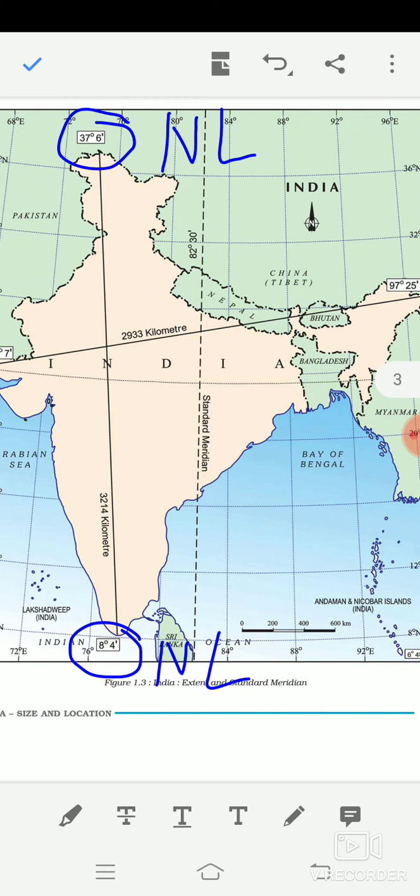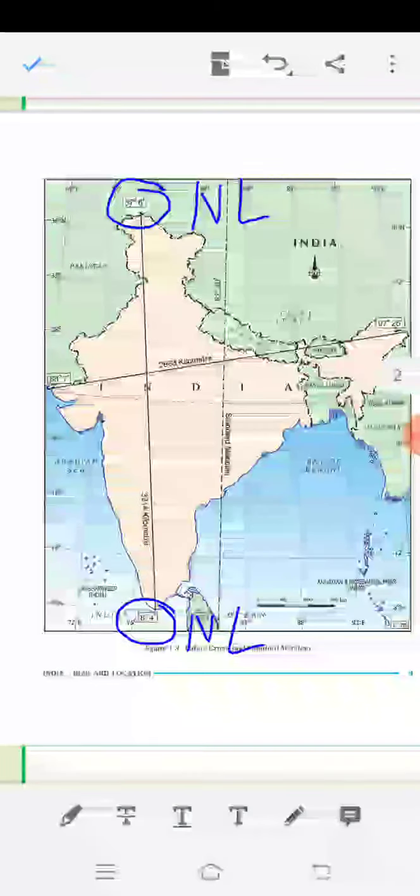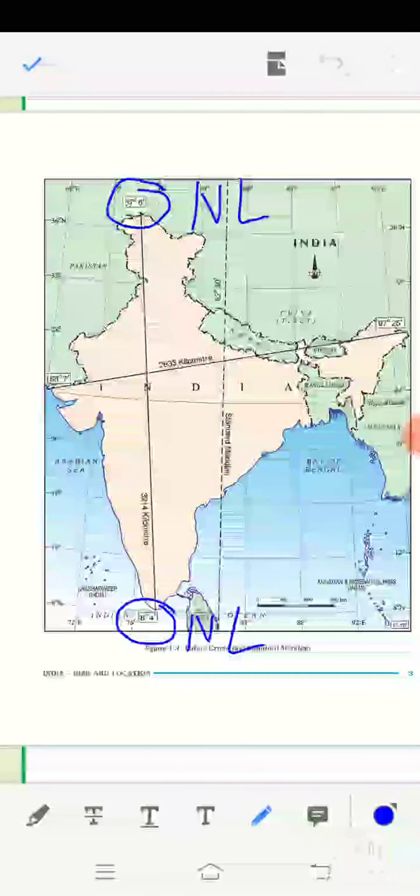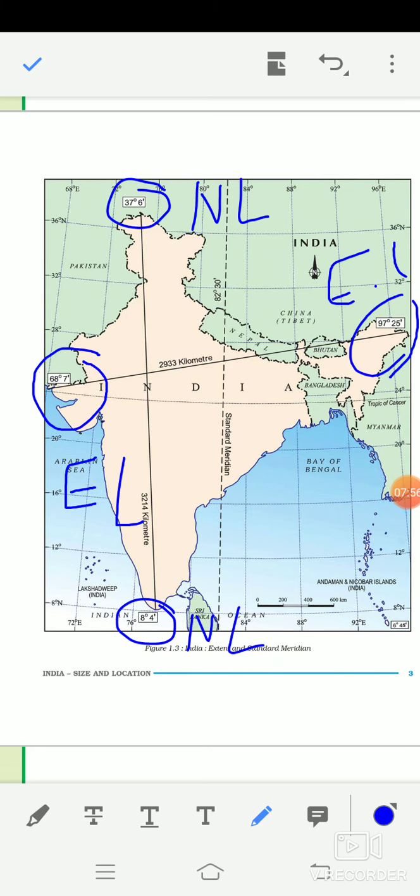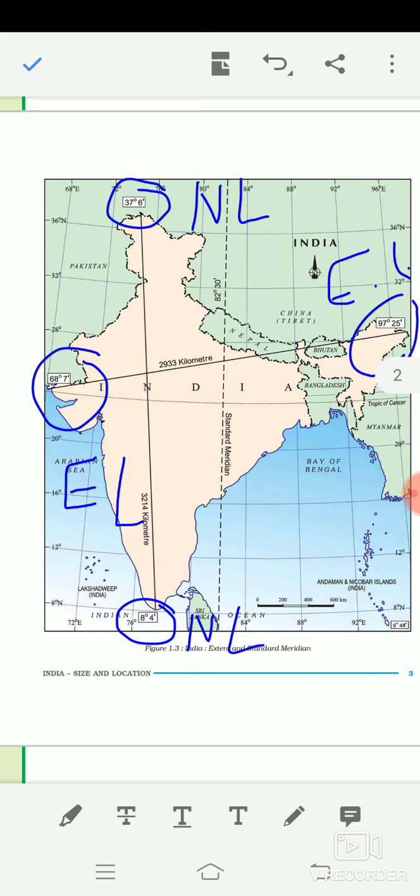Now the longitudinal value. What is the longitudinal expansion of India? It is 68 degree 7 minute east longitude to 97 degree 25 minute east longitude. Clear? So these two one-mark questions are ready.